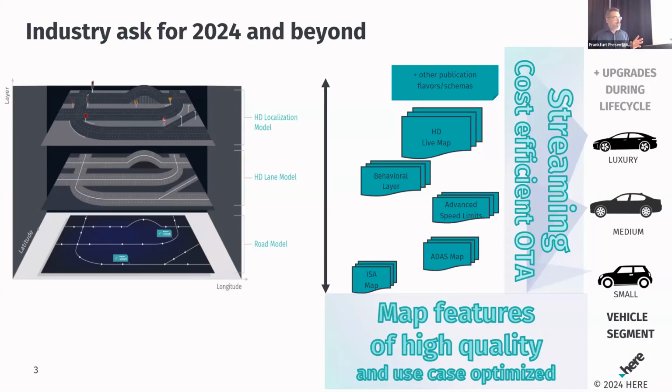How the map is structured has to be use case oriented, which we already saw in presentations from previous companies. And of course, the map itself has to be delivered in a cost-efficient way. We heard several times about streaming, and this is what NDS.Live is about and what it brings as a solution in this situation.